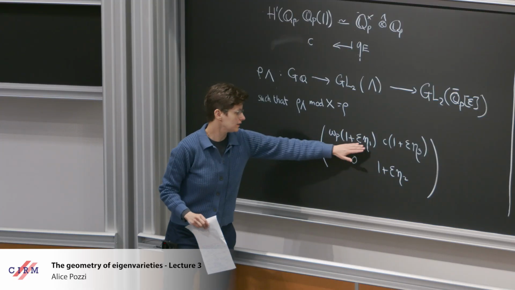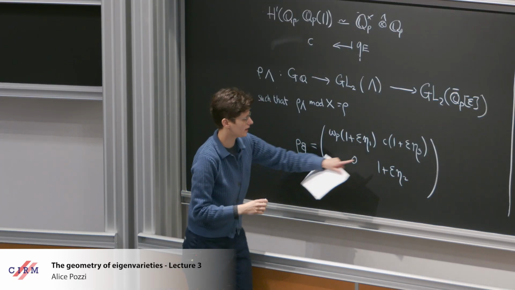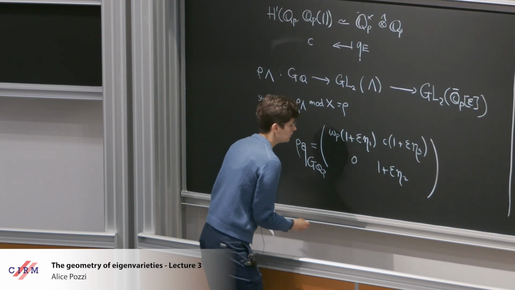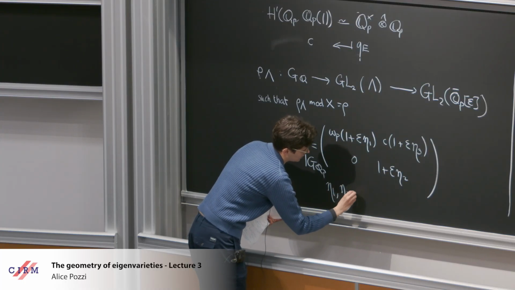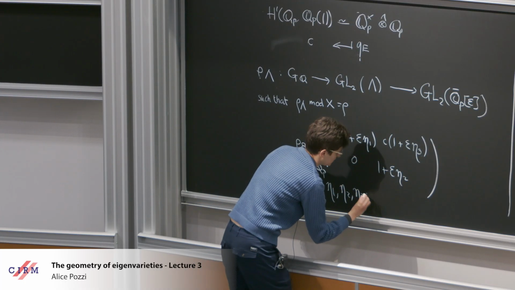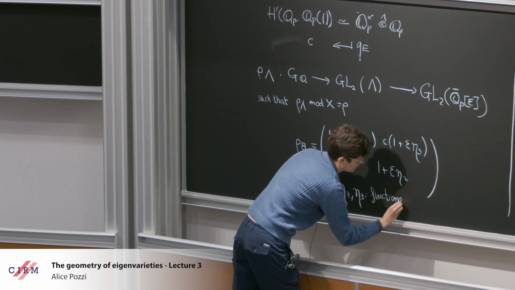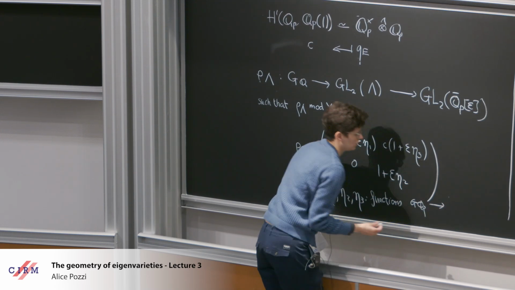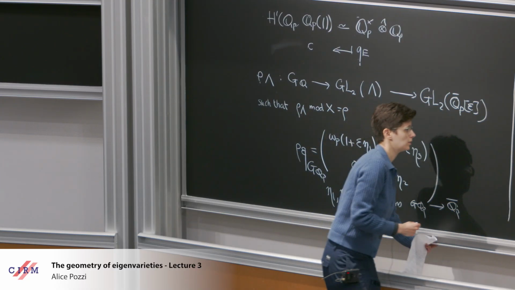So a priori, eta 1, eta 2, and eta 3 are just functions, but I'm going to say more about them. Eta 1, eta 2, and eta 3 are functions from GQP to QP bar. But what can we say about them?